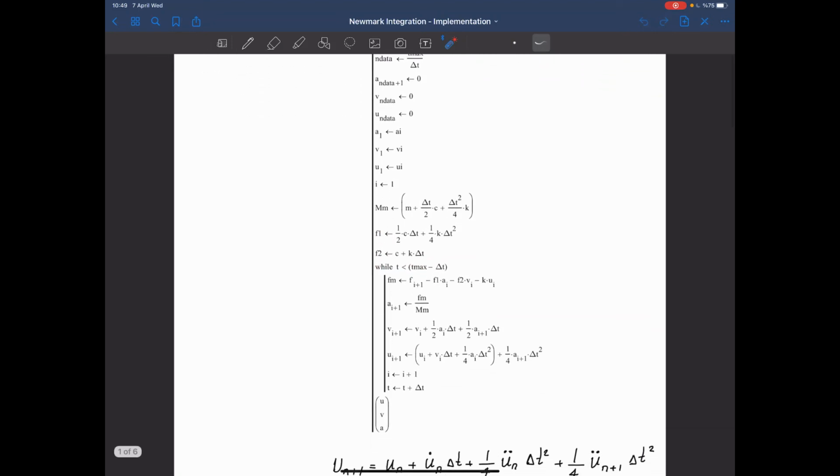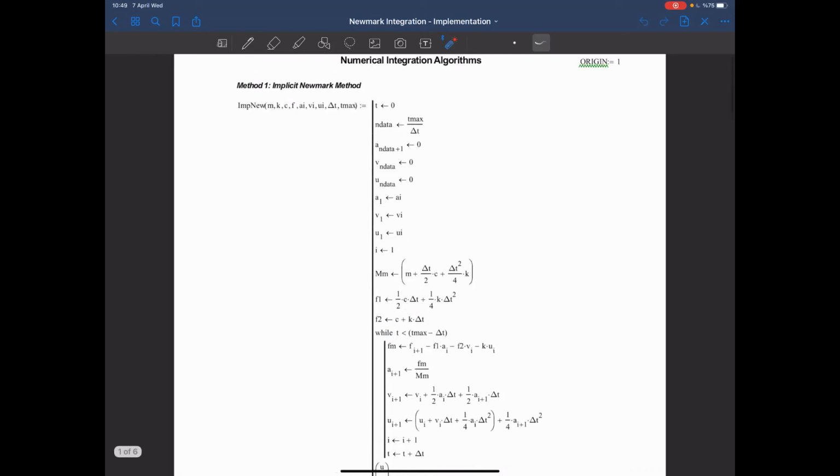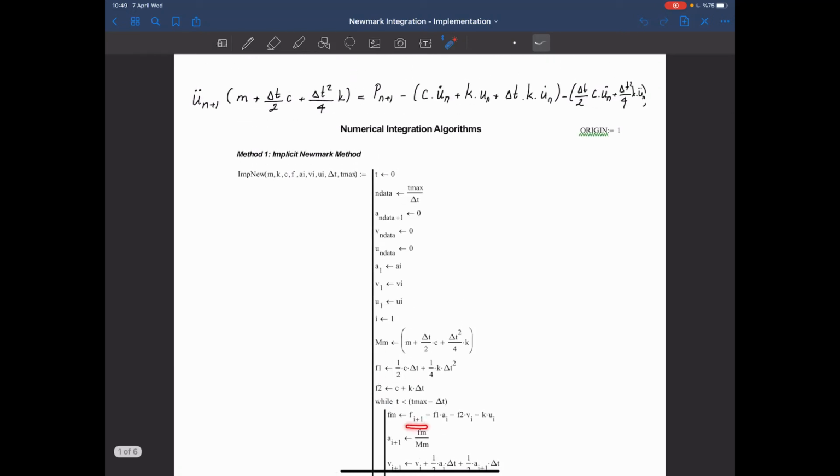So at this point I'm just calculating that, and the coefficients F1 and F2 are as follows. Now in the integration we go from 0 to t max, so I'm just looping over it. So at every time step I'm calculating the force for the upcoming time step: F1 times the acceleration of the current time step, F2 times the velocity of the current time step.